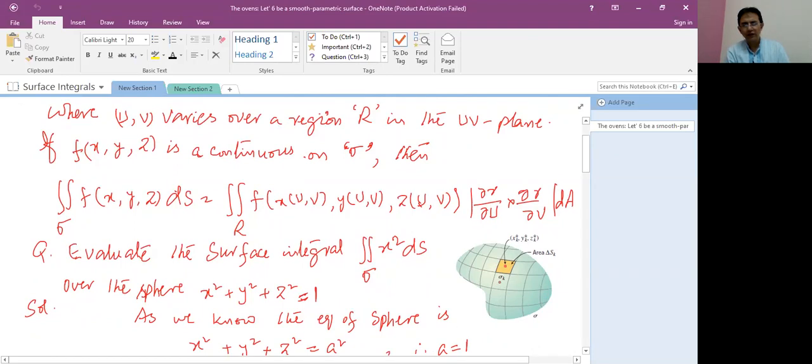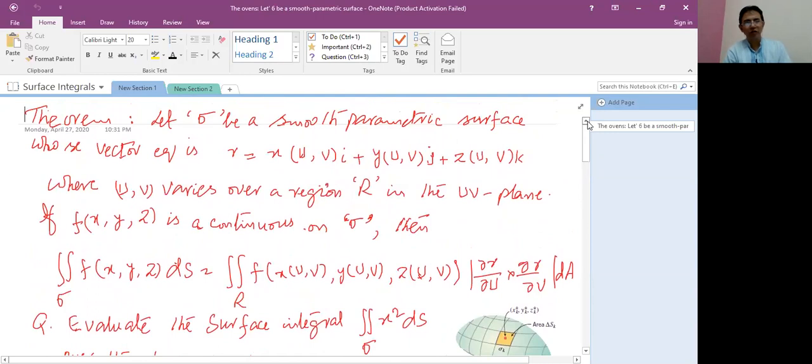We call it dS. It means it is the smallest part of the surface. Now let us start with the theorem of the surface integral.